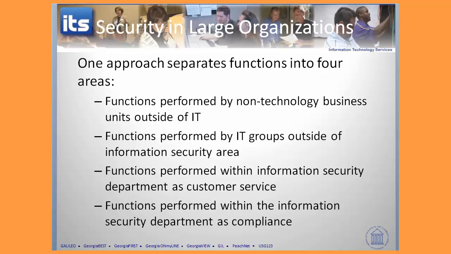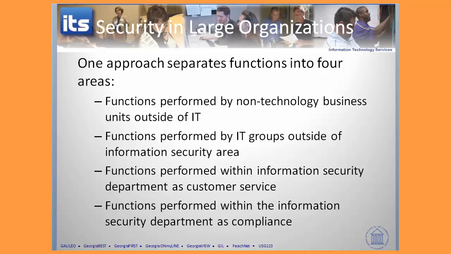So one approach, you kind of split it into 4 different lanes, if you will, or 4 different areas. One is going to be those functions related to security that are performed by non-technology business units outside of IT. Those functions performed by IT groups outside of information security. Those functions performed within information security department as customer service, and then those functions that are performed within information security as a part of compliance.